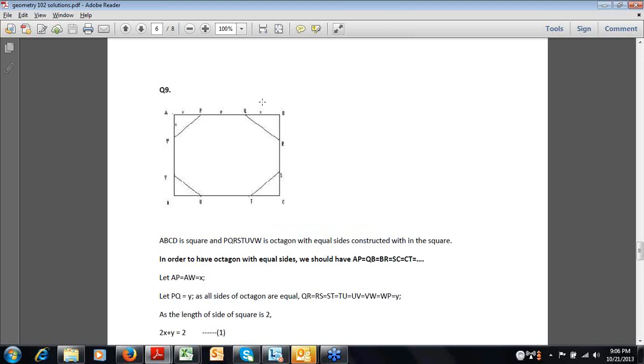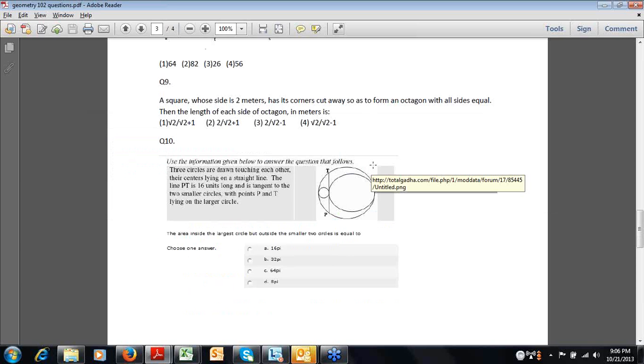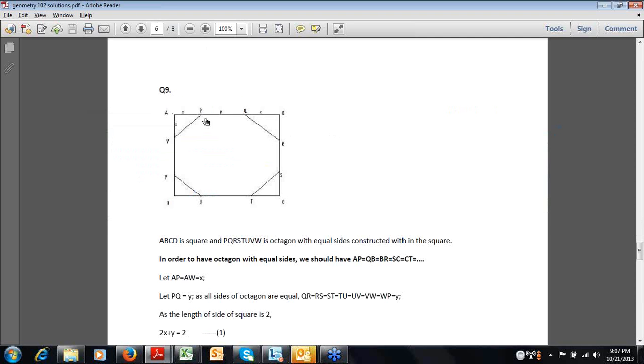It's an octagon. So this will be again an isosceles triangle, on all the corners. A square whose side is 2 meters. So the total value of this is 2 meter.